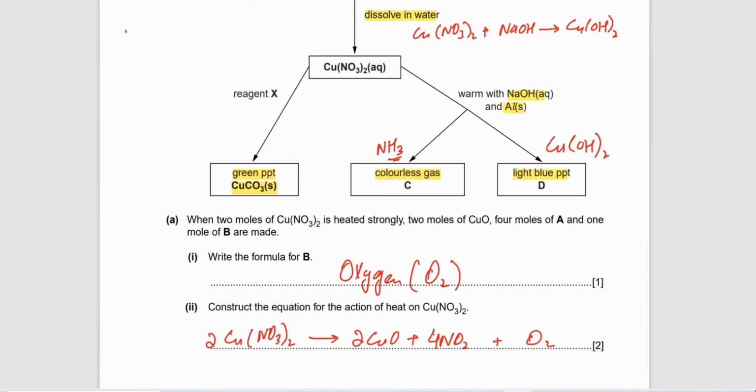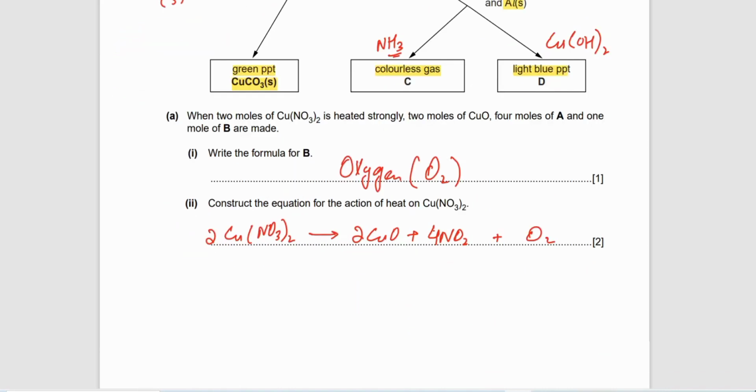Let me tell you, suppose we have copper nitrate, and X reagent we are taking here hydrogen carbonate, H2CO3. So what will be the reaction? Copper carbonate CuCO3 and 2HNO3, nitric acid. Okay, these 2H with 2NO3, nitric acid, which will be aqueous, and this is solid. Okay, green precipitate of copper carbonate.